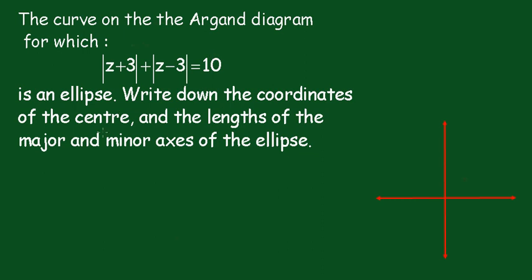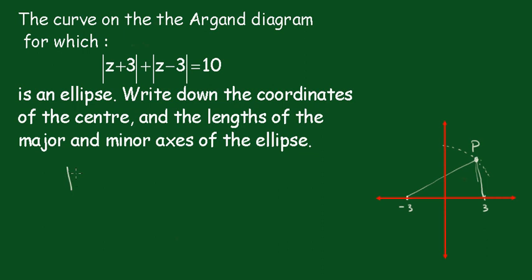And these points here, the 3 and the minus 3, are in fact the foci of the ellipse. So you've got to know this. As the point moves around the ellipse, this sum is a constant.